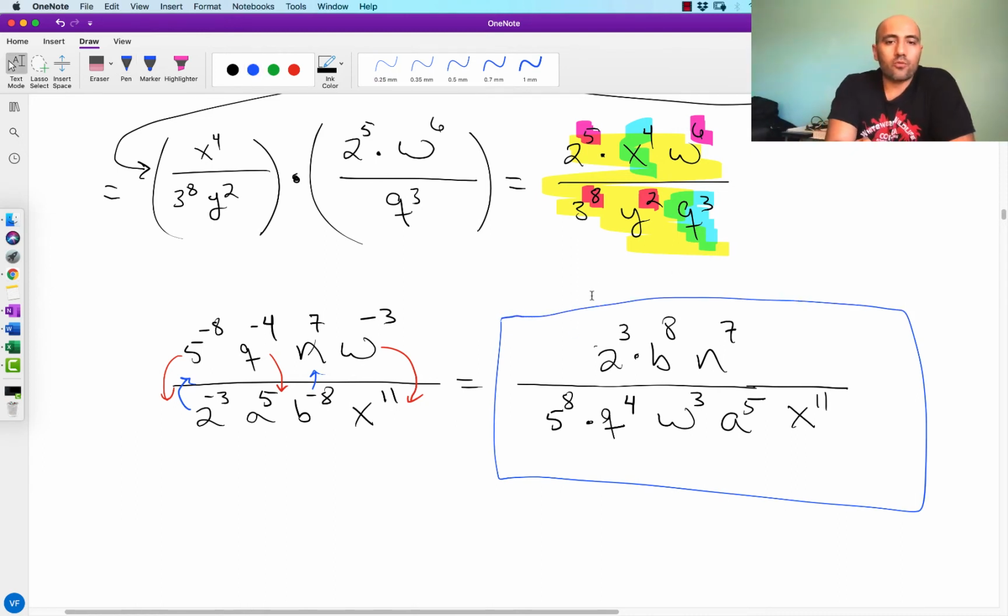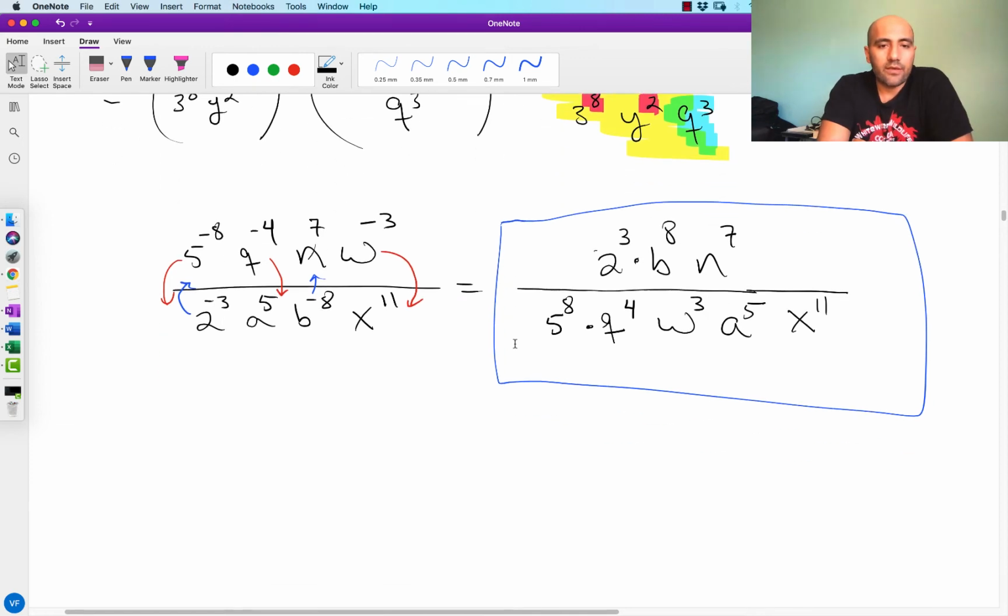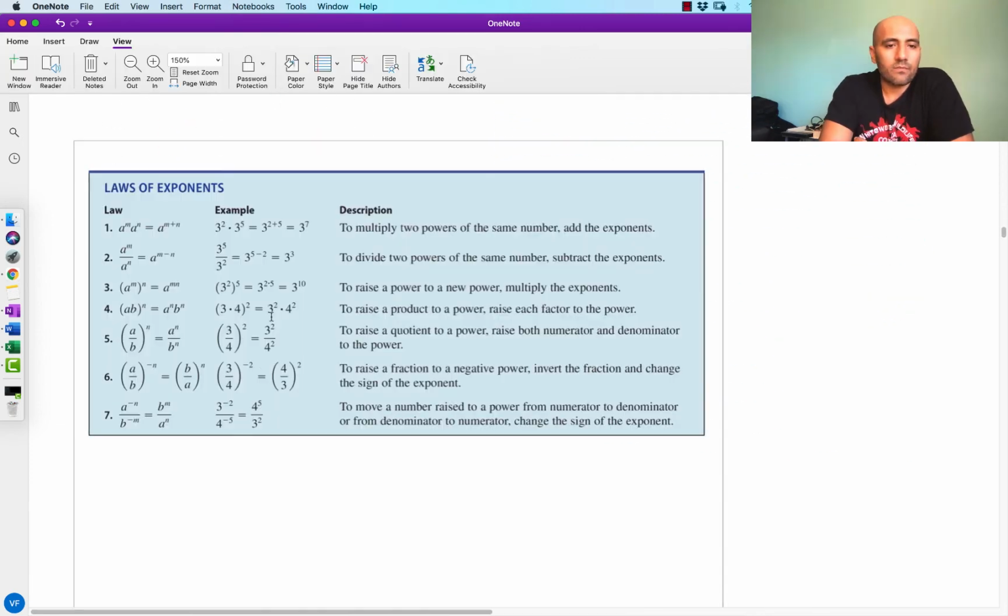Okay, so those are all the rules that we have to work with. So these are all the rules that we looked at. Rule number 1: a to the power of m times a to the power of n. When we have two exponential numbers like this with the same base, we add the exponents. A to the power of m over a to the power of n.